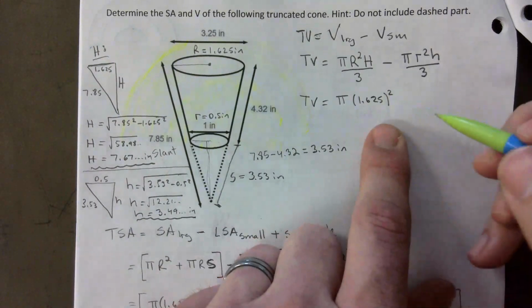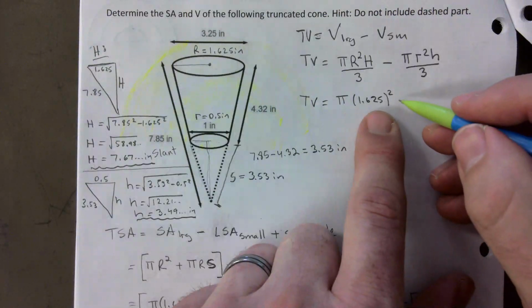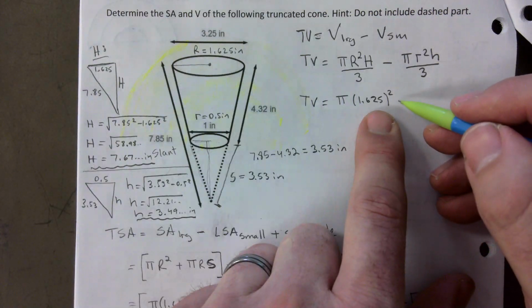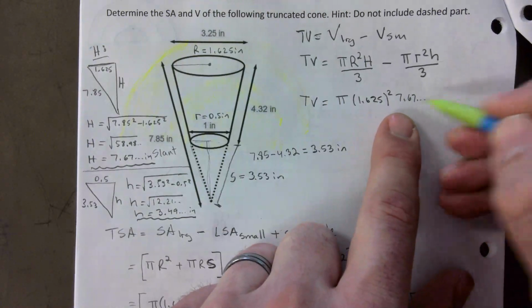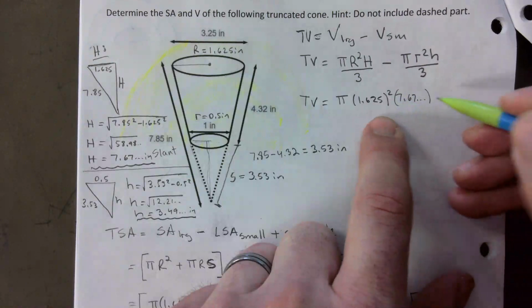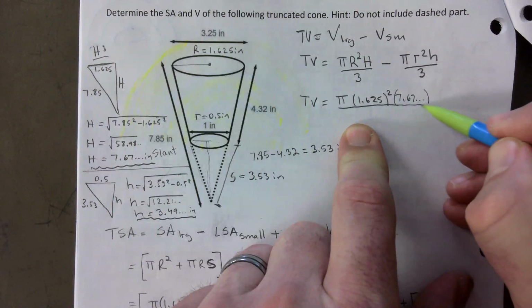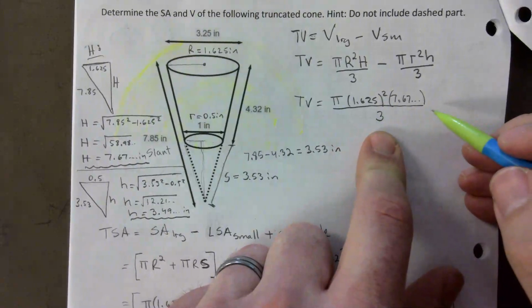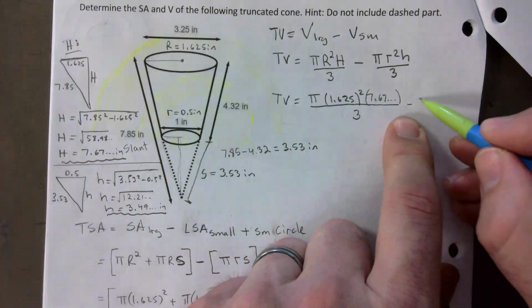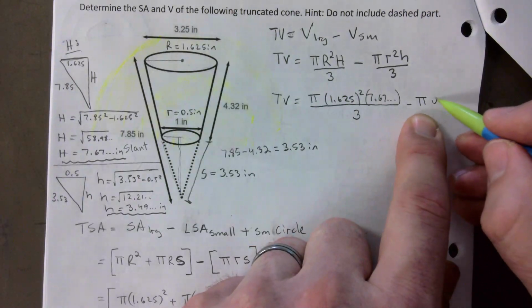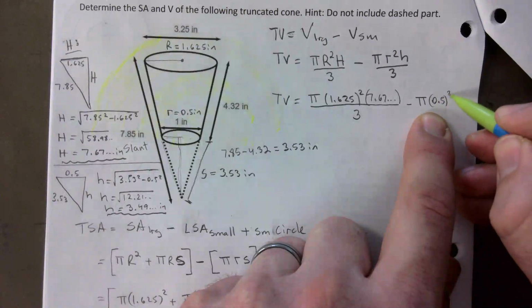Obviously, you hope that, right, like you do want to have this in your notes and know how to do it. But the best would be to think through it and deduce it yourself. So we go like this. Minus pi 0.5 squared.